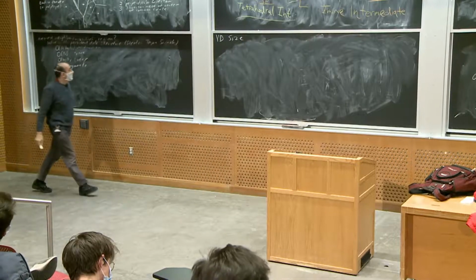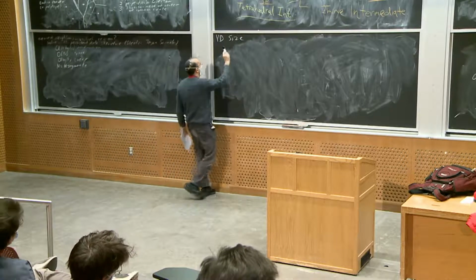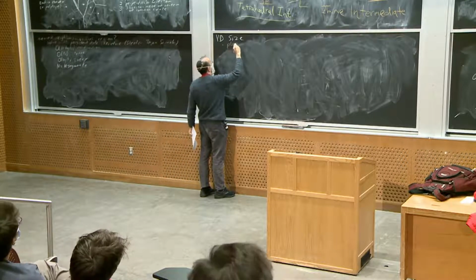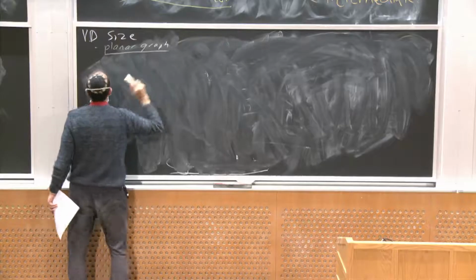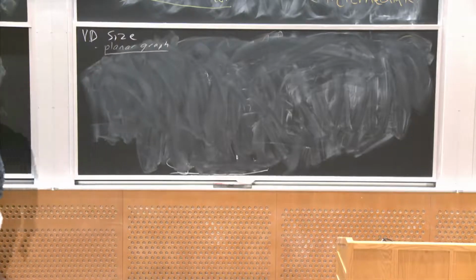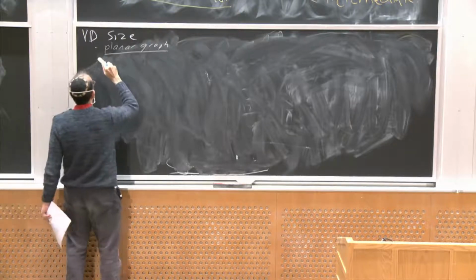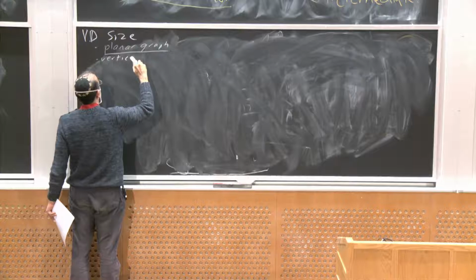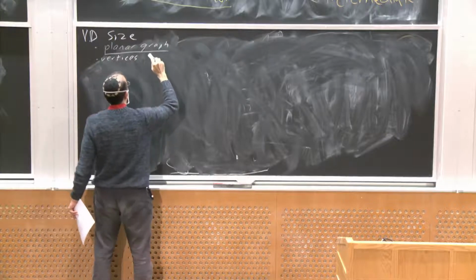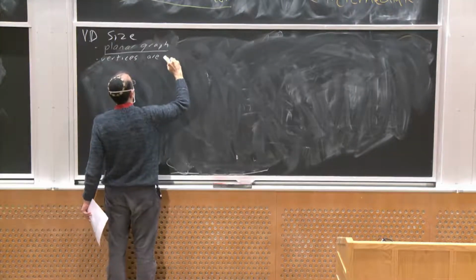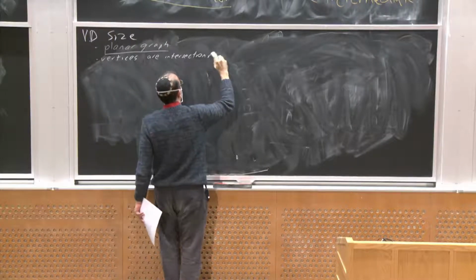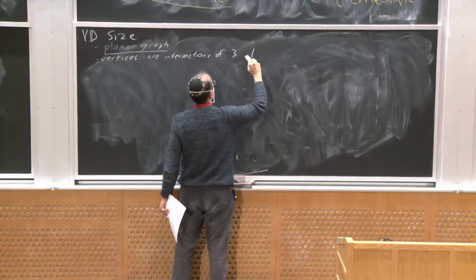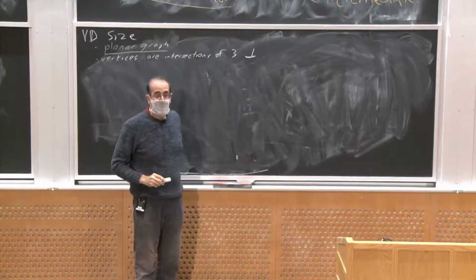The first thing that I'm going to observe is that the Voronoi diagram is a planar graph. I should say that the vertices are these intersections of 3 of these perpendicular bisectors.